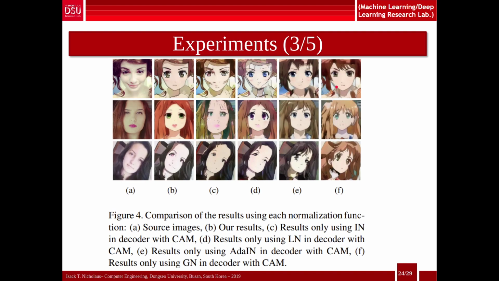And also here they tried to use only the other component, with the CAM, to see how it really gives the effect. So these are different outputs by removing one of the components.